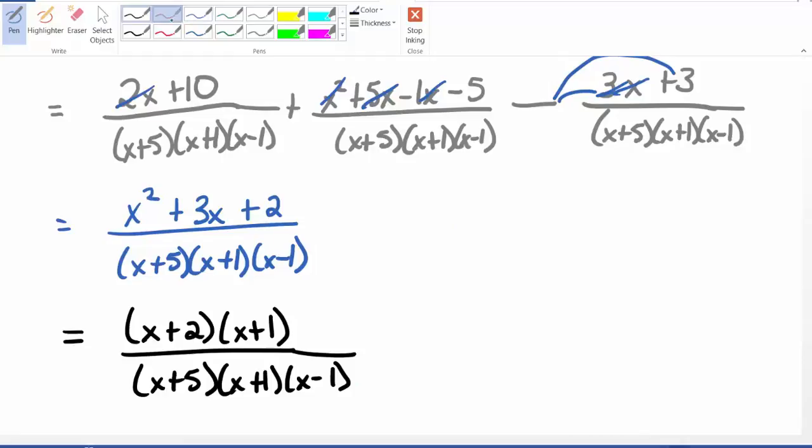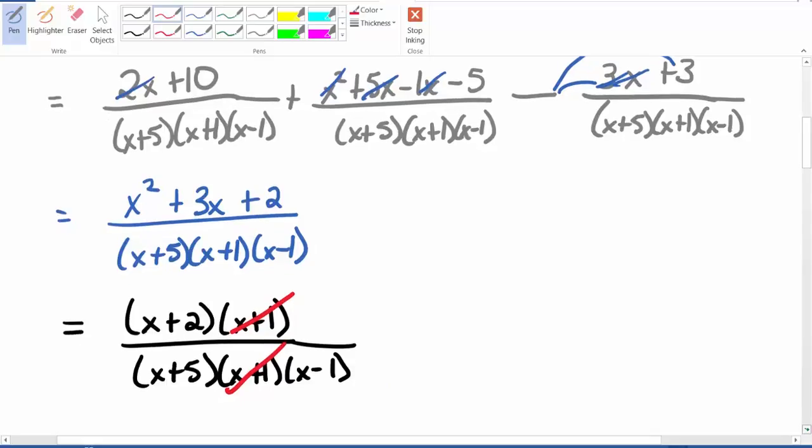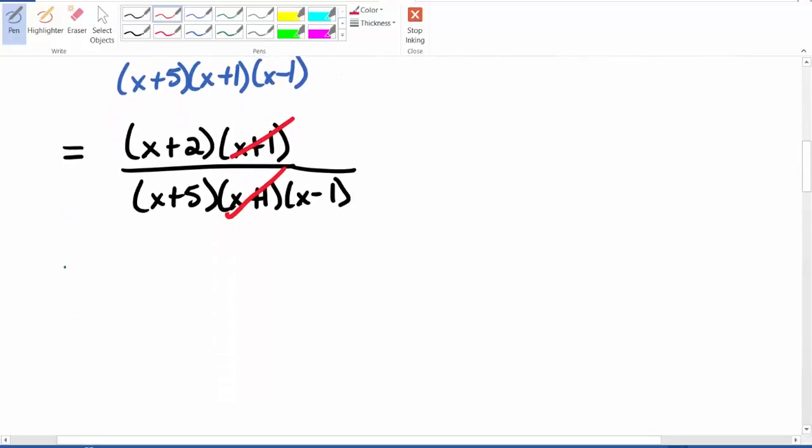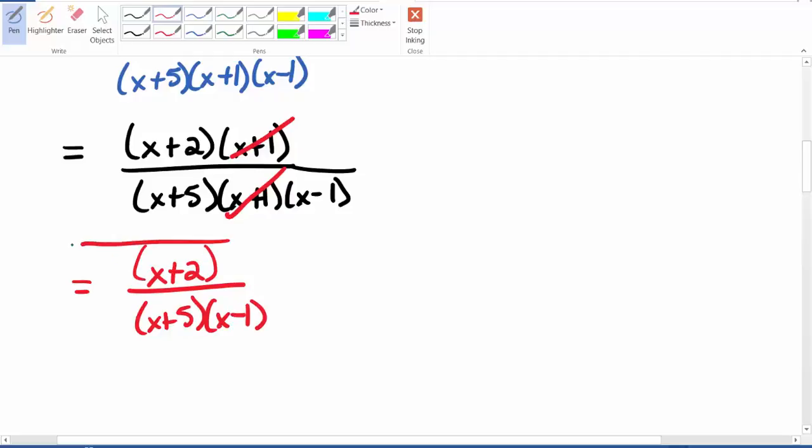And lo and behold, there is an x plus 1 on the top as well as the bottom, so we can go ahead and cancel those out. So our final simplified version comes out to be x plus 2 divided by x plus 5 times x minus 1. Again, that is example 10 from our 8.5 set of notes.